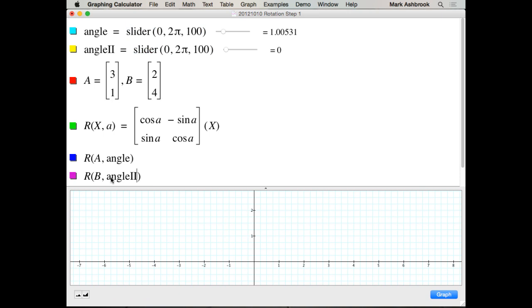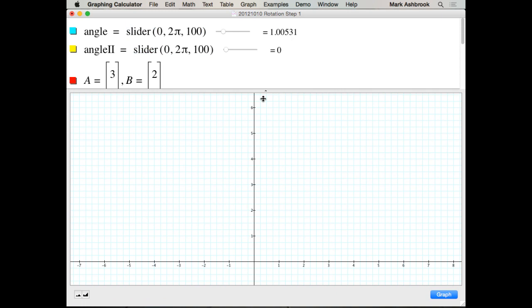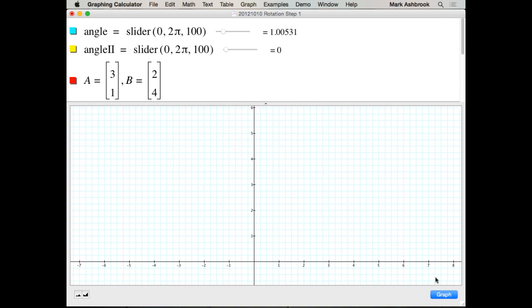So calling on the same function again, but now I want the point B and I want my second angle. So let's see if it works. What's it going to do? So here's for angle and point 1, 3, 1, and then now the second angle for point 2. I just didn't graph the first point though. I never graphed the initial point.